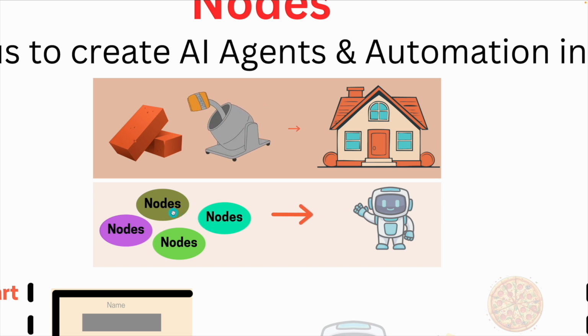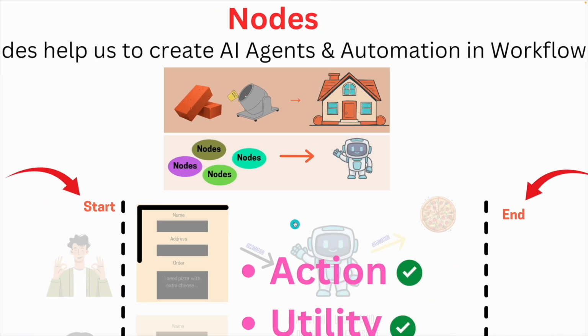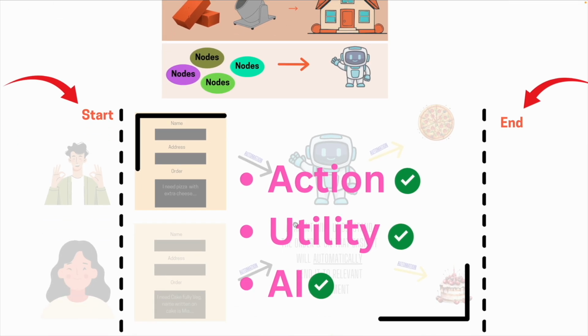So just understand, nodes are small parts of the automation, which basically help us to create a robot, or I can say an AI agent and automations.